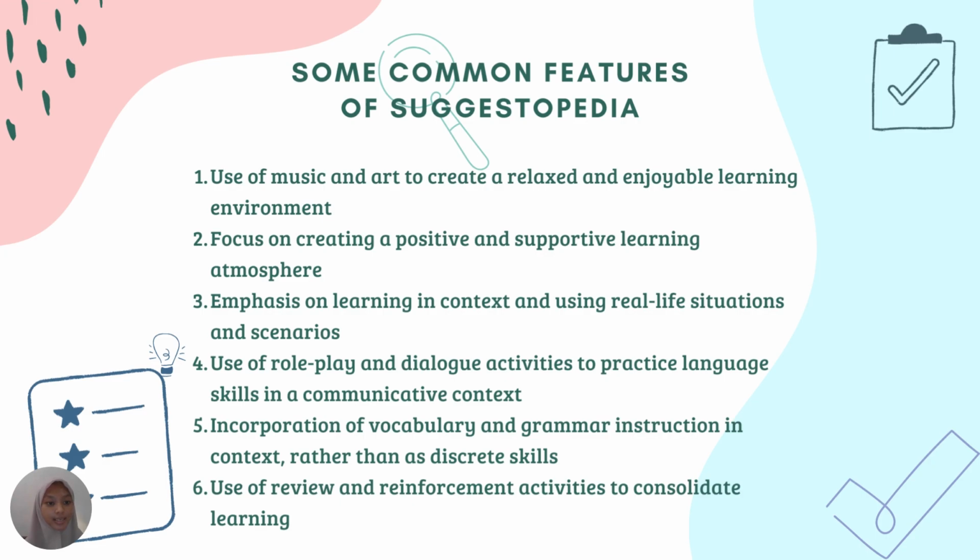The second is a focus on creating a positive and supportive learning atmosphere. The third is an emphasis on learning in context and using real-life situations and scenarios. And then the fourth is the use of role play and dialogue activities to practice language skills in a communicative context.